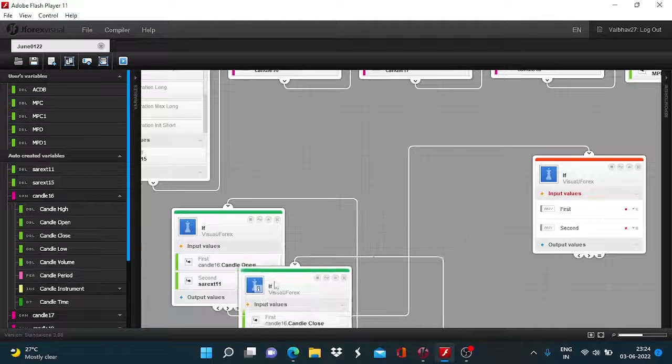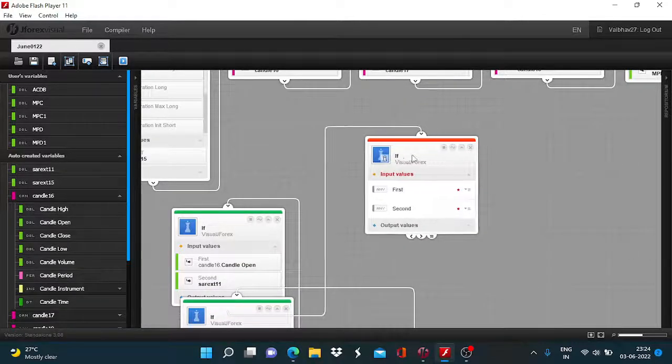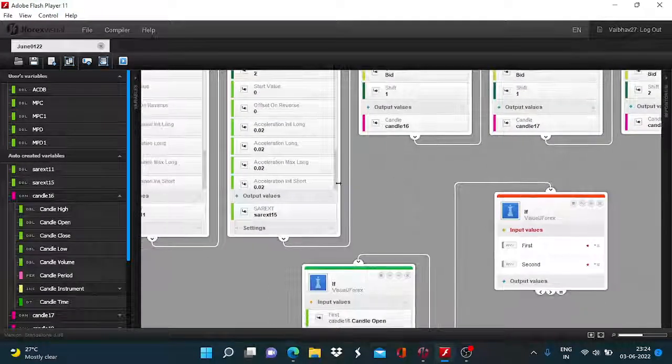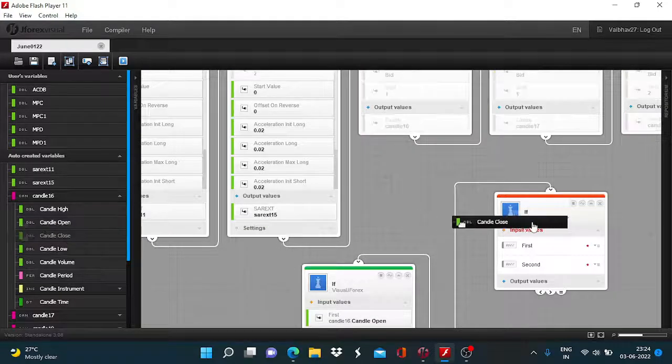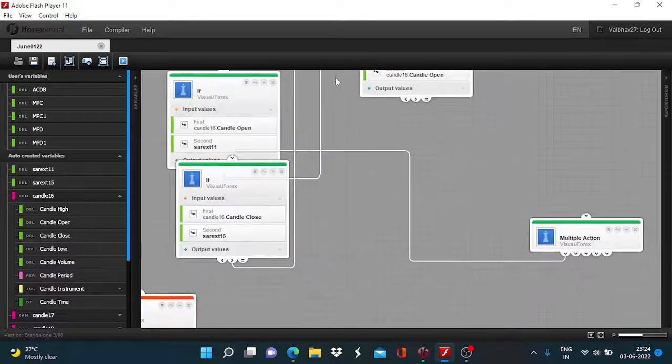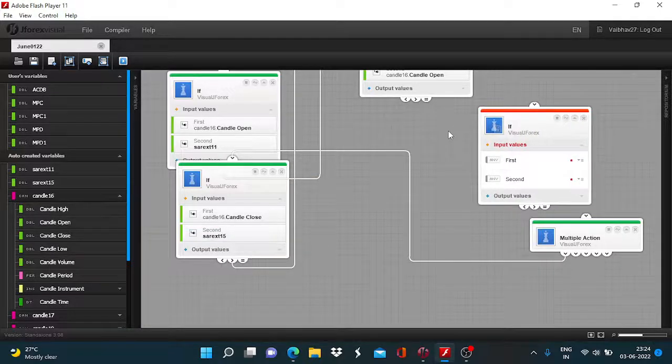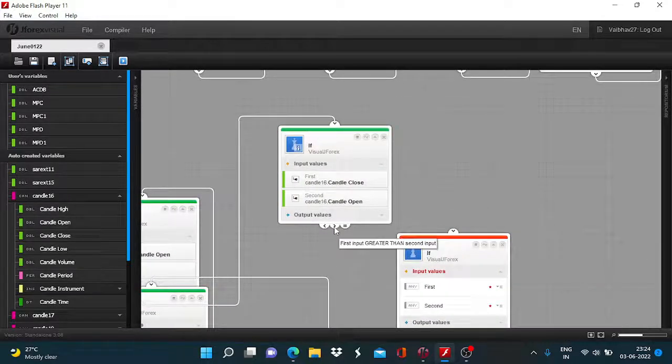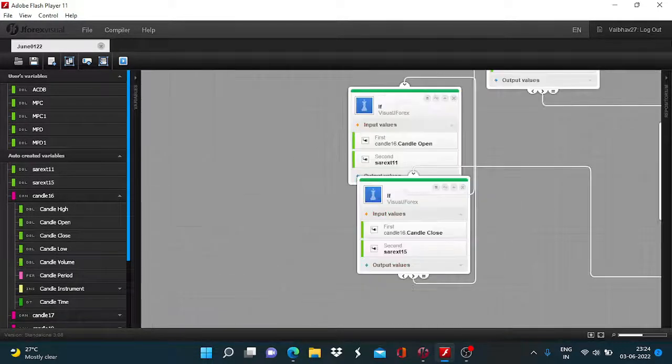Then we compare the closing and the opening price difference of the last hourly candle. So we need candle 16 candle close to be greater than open. So here it should be first input greater than second input. All right.